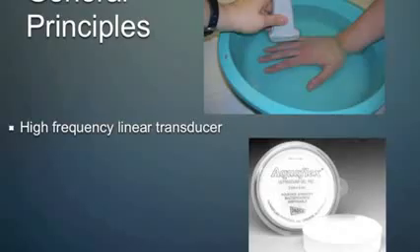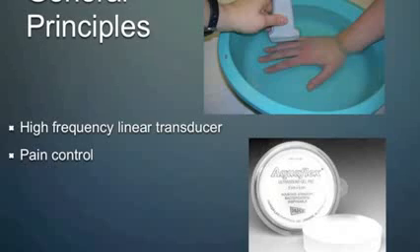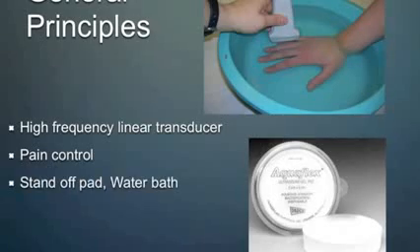We can dunk the hand or the body part here seen in the water, and that's very helpful because if you use cold water, it helps with pain control, and you no longer have to press the transducer right onto the painful digit. We can stand away from it.